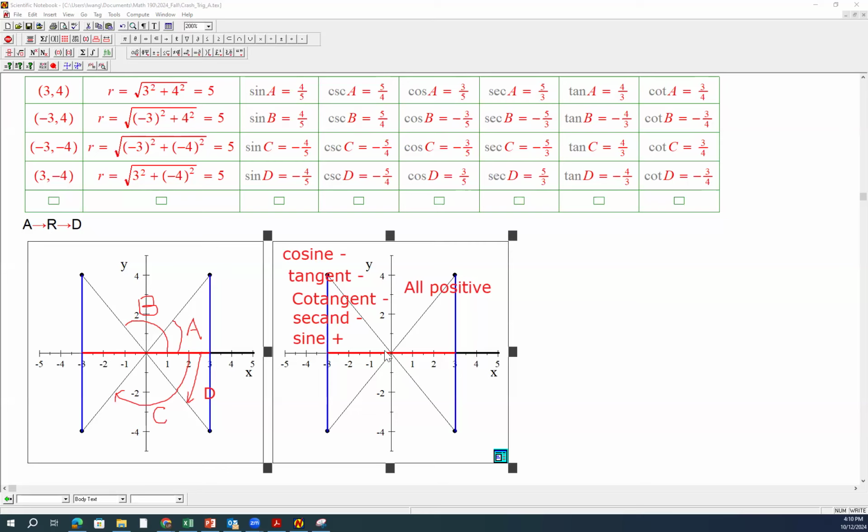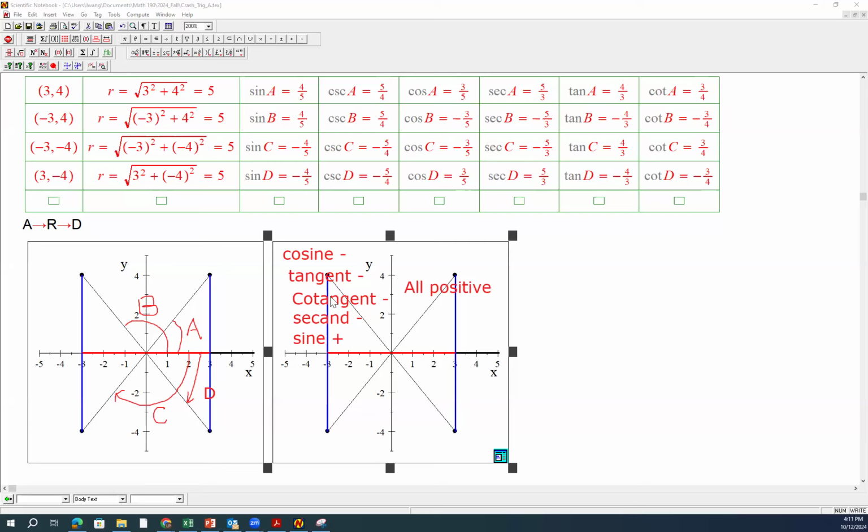So how can we tell which one is positive, which one is negative? Let's finish this round. I'm going to show you another way to tell the positivity or negativity of these functions in each quadrant. This is just one perspective, okay?